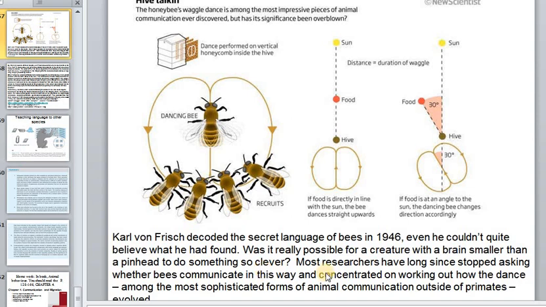Most researchers have long since stopped asking whether bees communicate in this way, and concentrated on working out how, unlike most forms of animal communication outside of primates.